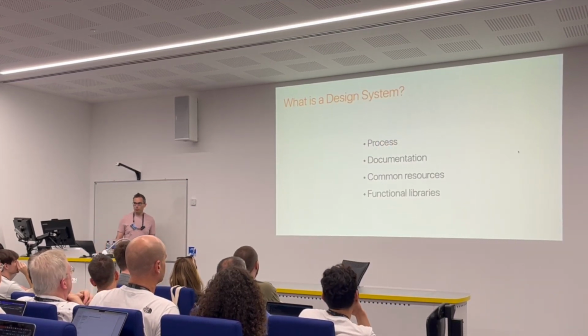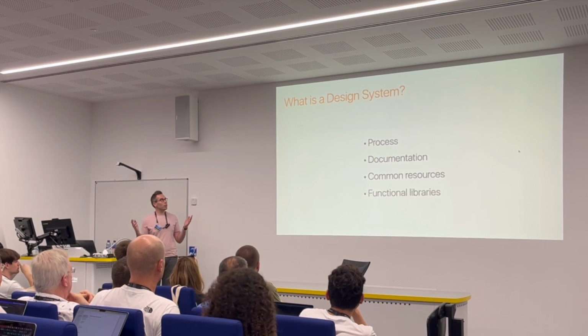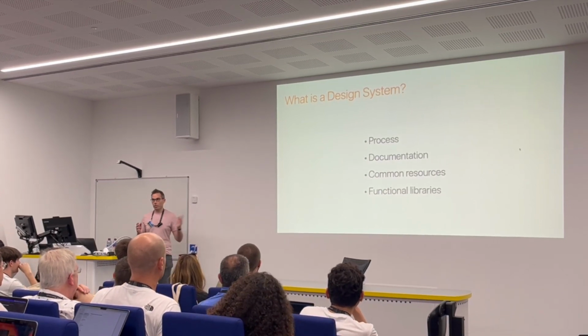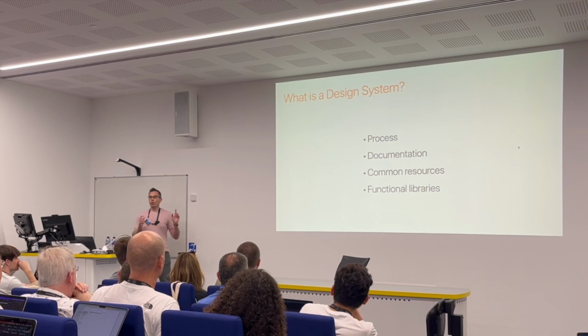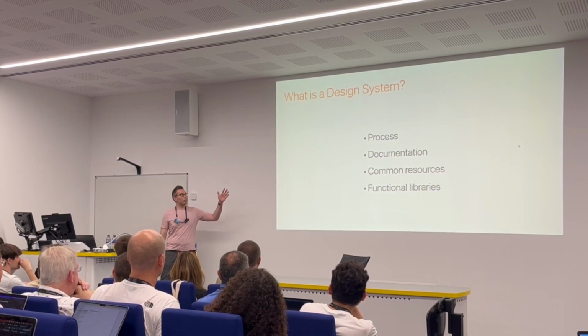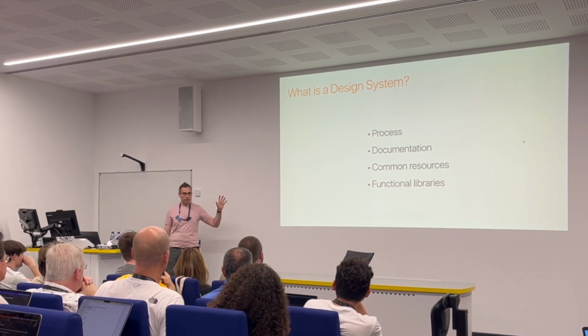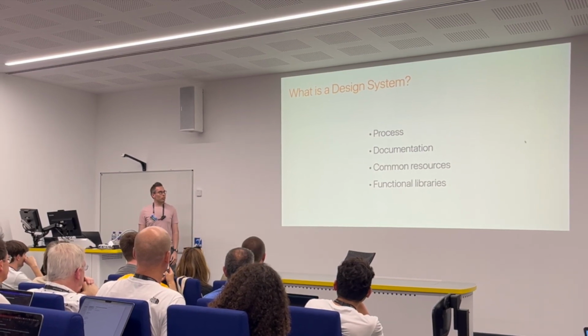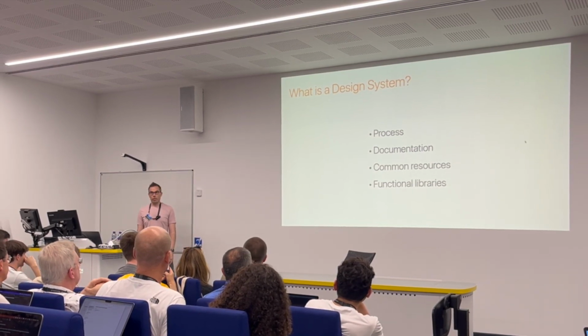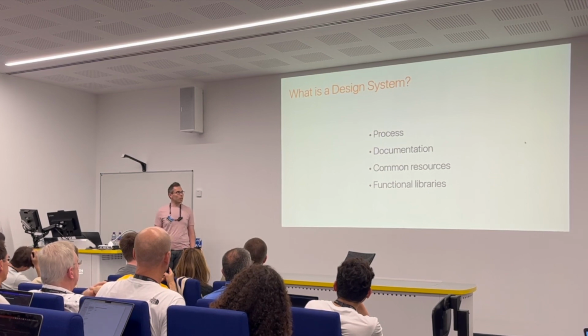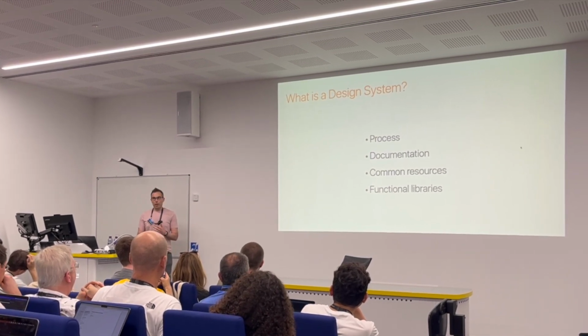So I guess maybe what everyone's come here for is the design system part. I'm just going to lay it out now. I've lured you here. This slide is pretty much the only slide that's going to talk about actual design system stuff, as probably described by the community of design system people. What is a design system? It depends who you ask.